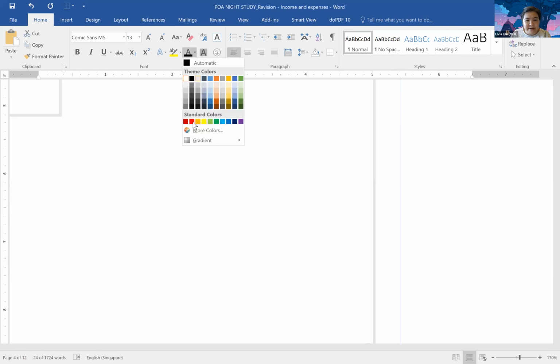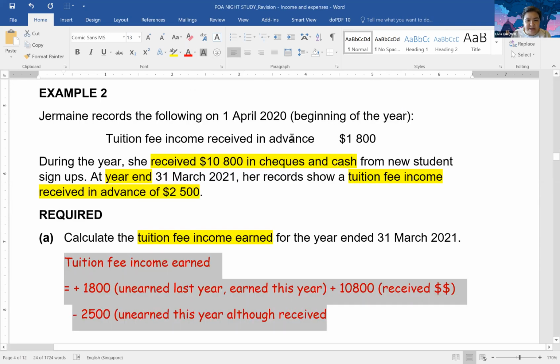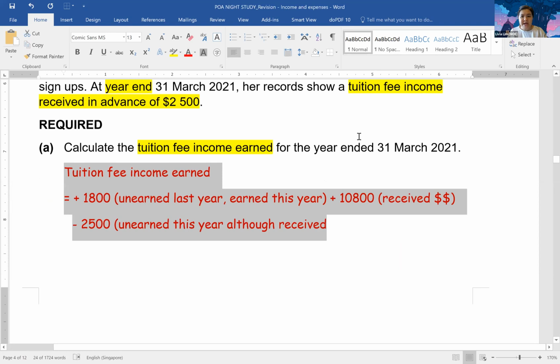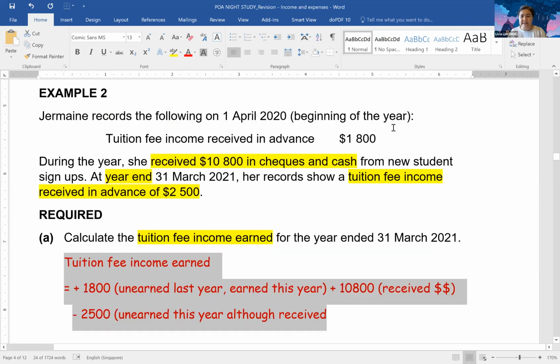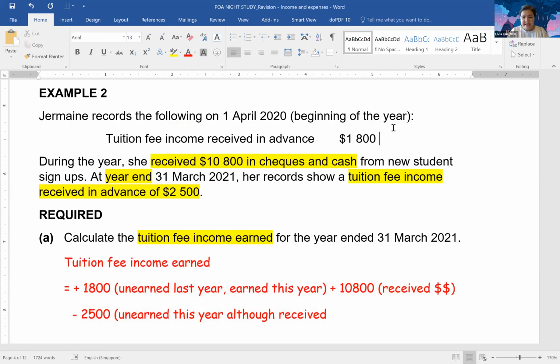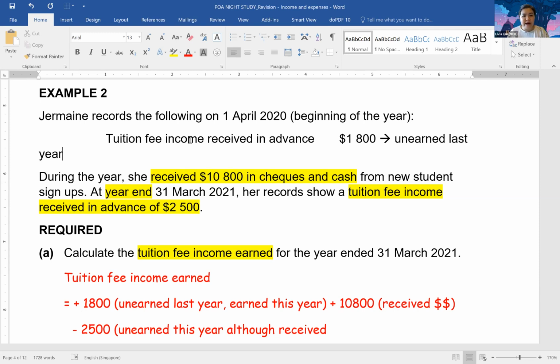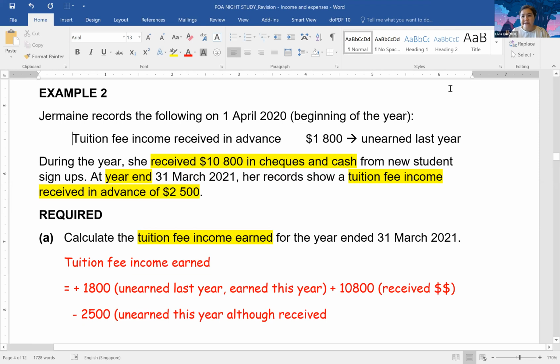All right, so let's take a look at your answer. So this is the tuition fee income earned, okay? So firstly, this $1,800 is actually unearned last year. You did not earn it last year, the $1,800, and it is earned this year.